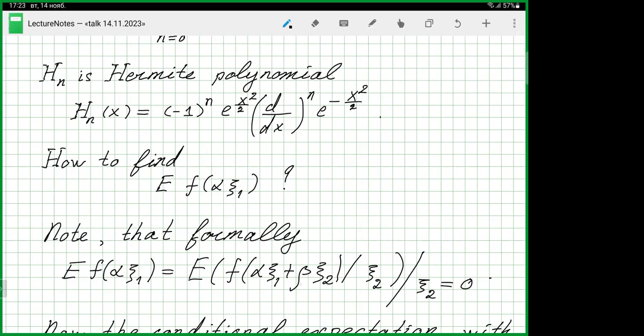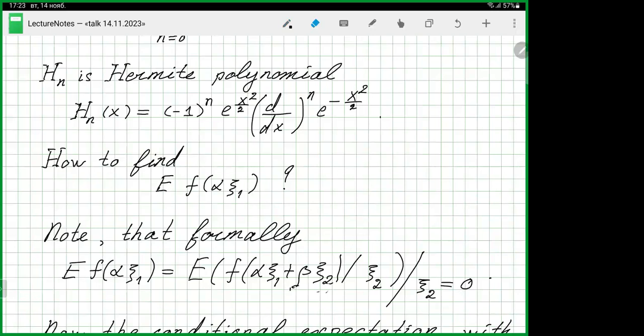We just have to fix xi2 and suppose that it is equal to some y, then calculate the obtained expectation with respect to xi1, and then put xi2 equal to y. This is the usual way to manage this conditional expectation because it is very simple. It consists of independent parts. But now I just put xi2 equal to 0. So this is the idea.